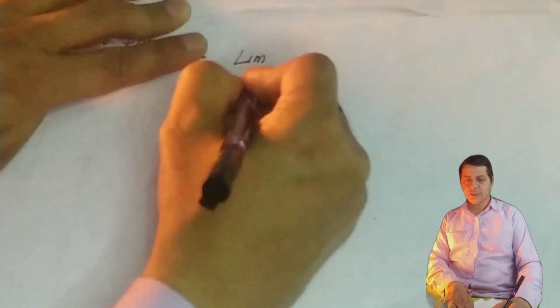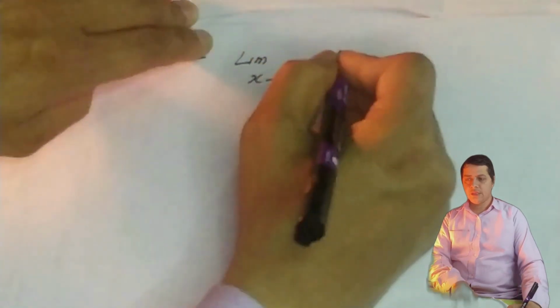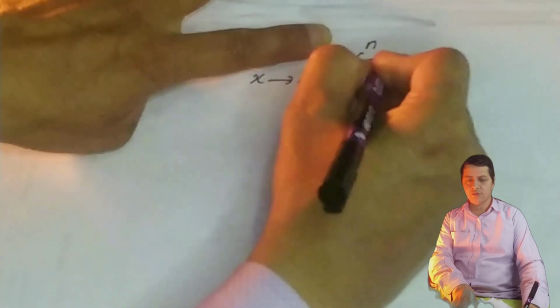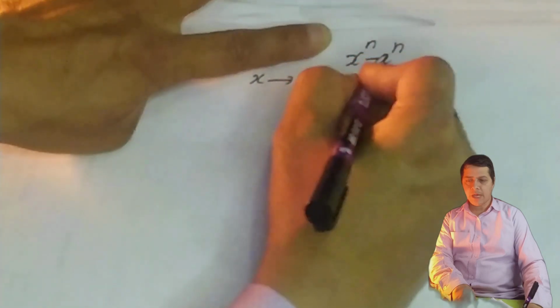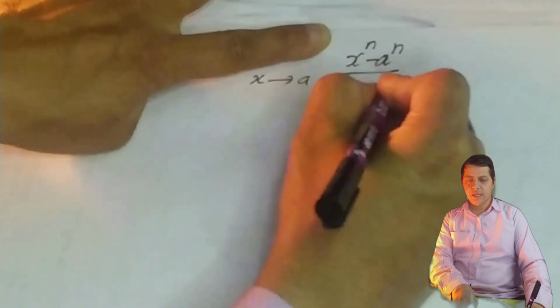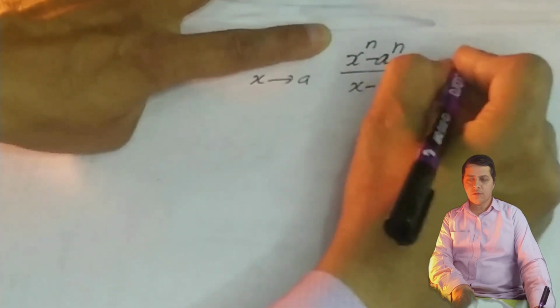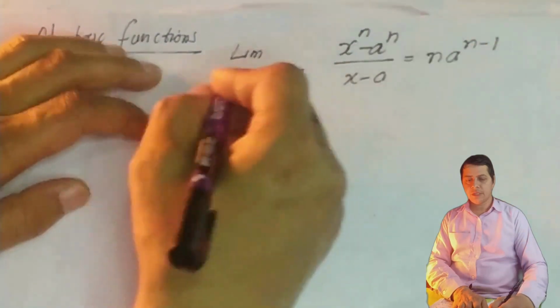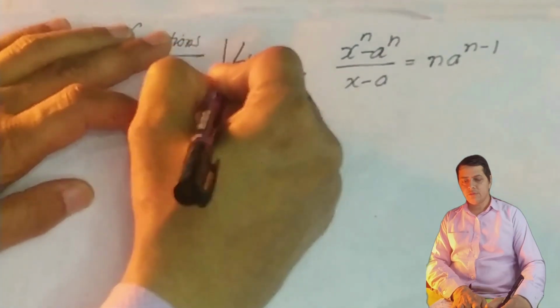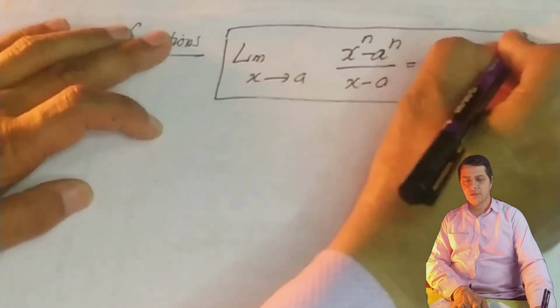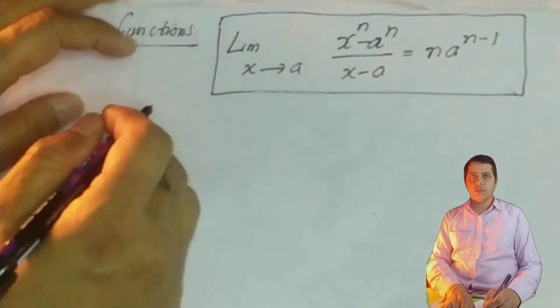Let's say limit x tends to a of x to the power of n minus a to the power of n by x minus a is equal to n a to the power of n minus 1. This is something like the power rule, my friends. But still you can just see it as an algebraic equation. So what does this equation say?